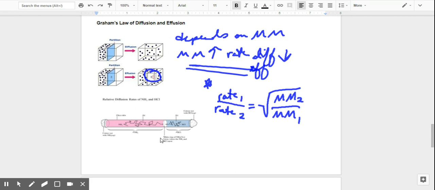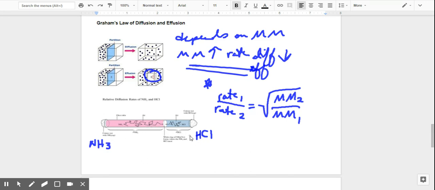Now, where I've seen most of the questions on molar mass is they'll have a picture like this. On this end is a cotton ball that has been soaked in ammonia, which is NH3. On this end, the cotton ball has been soaked with HCl. So you have HCl gas traveling in the tube, and you have ammonia, NH3 gas, also traveling down the tube.